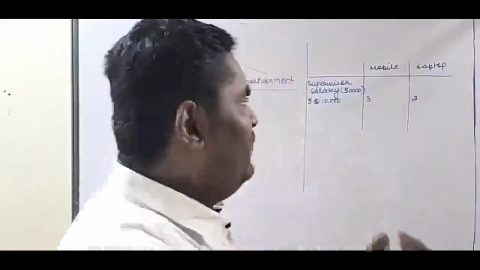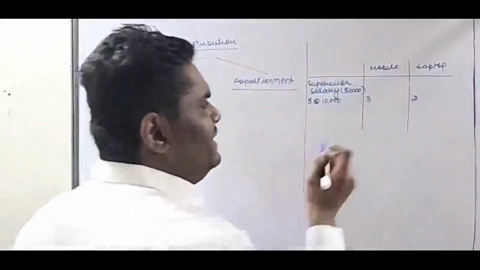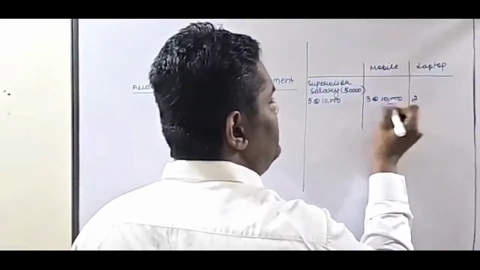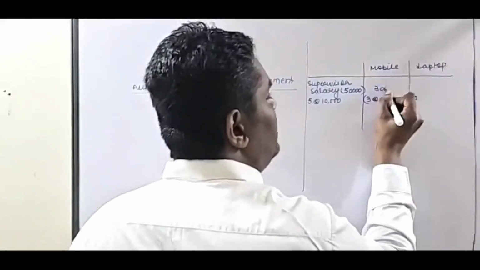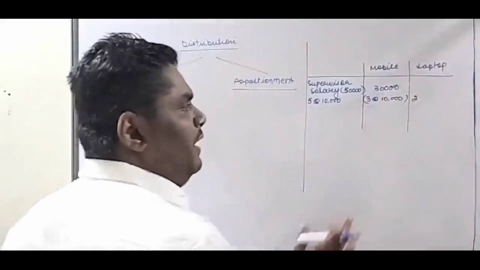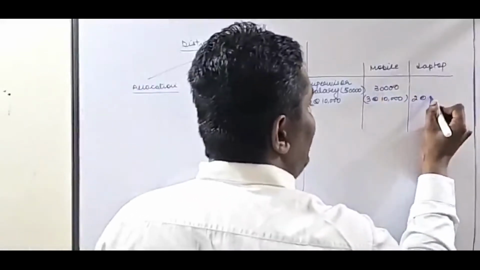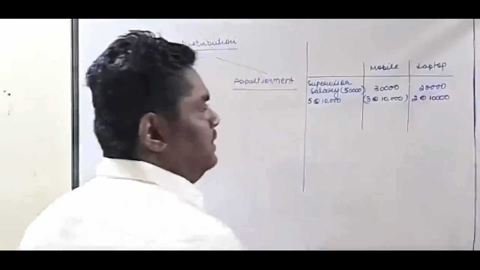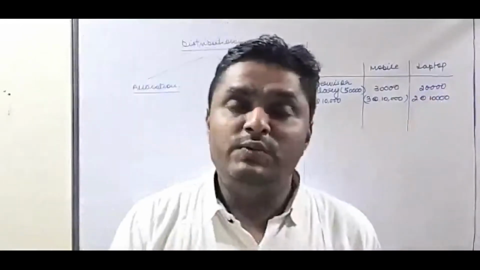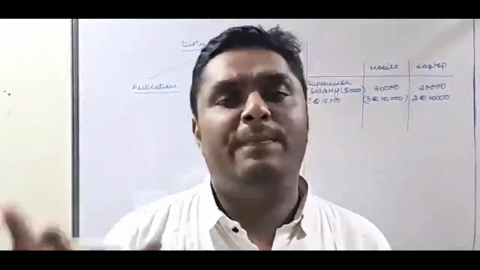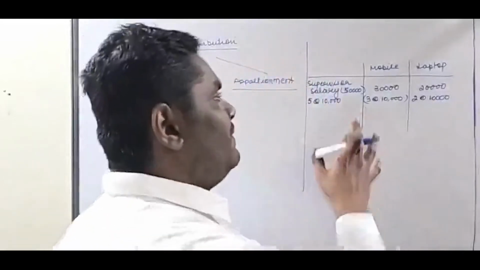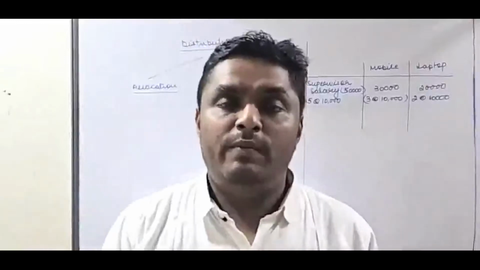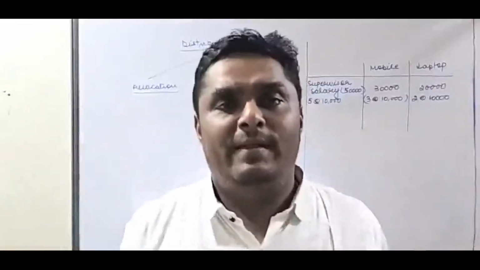So here in 50,000, we can distribute it very easily. 3 supervisors are for the mobile division, so 3 into 10,000, 30,000 goes to the mobile division, and 2 into 10,000, 20,000 is for the laptop division. Here, this 50,000 cost is already incurred separately, so we can distribute it directly.